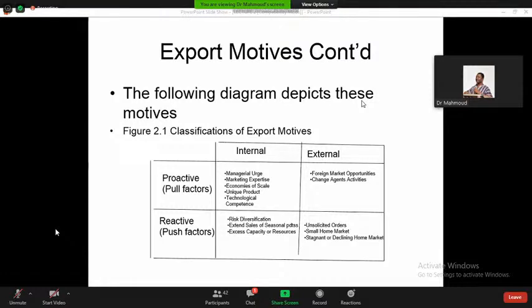Go ahead. With the unsolicited orders, the way you explained, if you are not prepared and you start getting orders, is it not rather a pull? You are pulling your product to wherever you are taking it. Is it not a pull reaction? No, rather you are being pushed. It's a push factor. Do you get it?